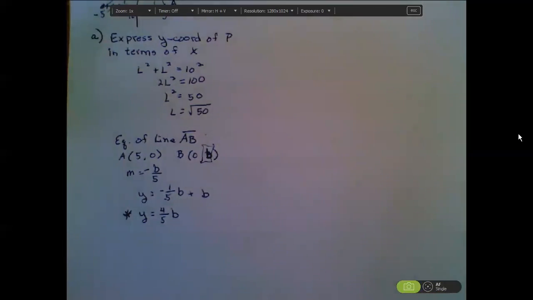Or no, not the line's length, the height of the y-axis. I have a hard time explaining it.